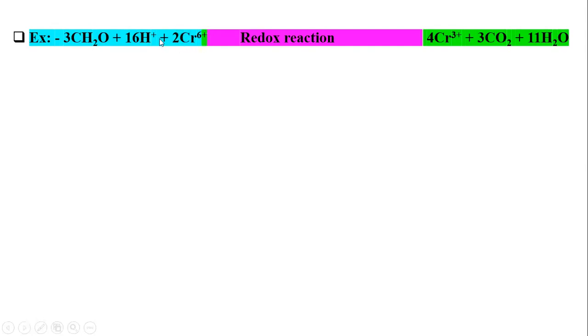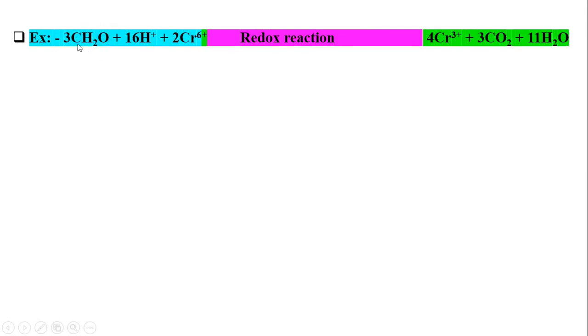In the presence of acidic medium, chromium 6 plus undergoes reduction to chromium 3 plus. And this impurity undergoes oxidation to carbon dioxide. Both reactions, reduction of chromium 6 plus to chromium 3 plus and oxidation of this organic impurity, one reduction and one oxidation. This reaction is called a redox reaction.